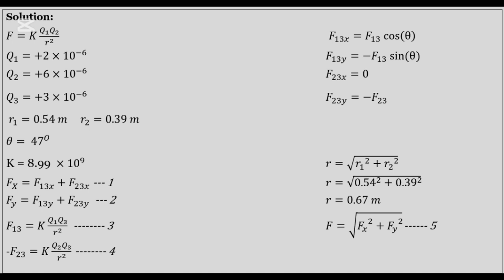So F13 equals K Q1 Q3 over R squared, and F23 equals K Q2 Q3 over R squared. Note equations 3 and 4 as well.